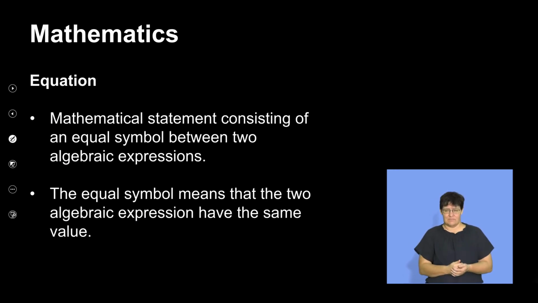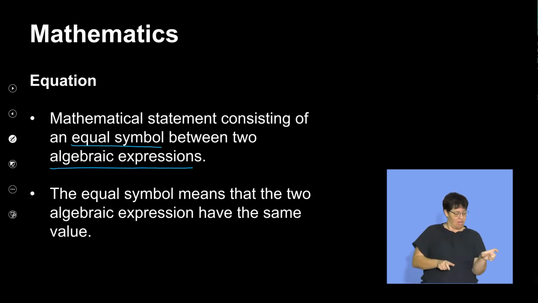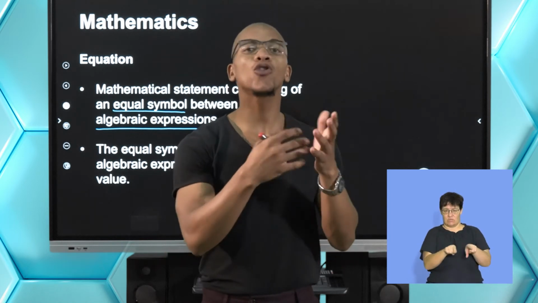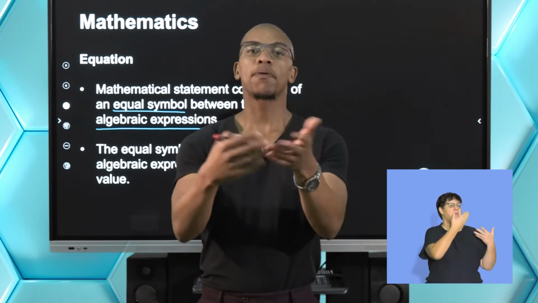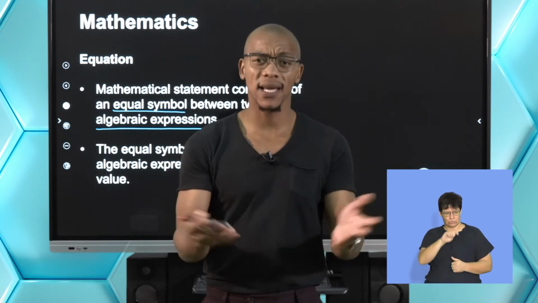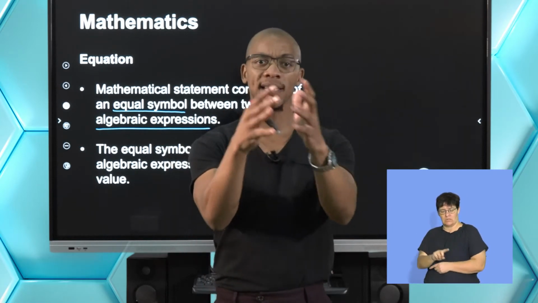Remember, an equation is a mathematical statement consisting of an equal symbol between 2 algebraic expressions. Now remember, an expression is, if I say to you, an unknown number plus 5, what is it in mathematical terms? You will say x plus 5.